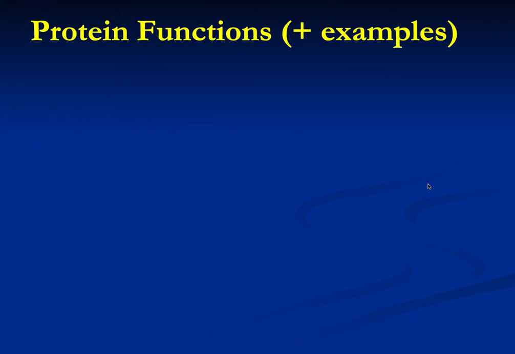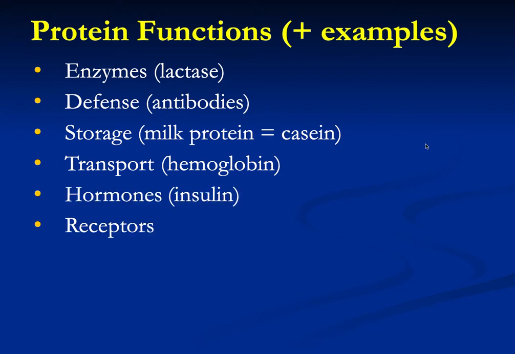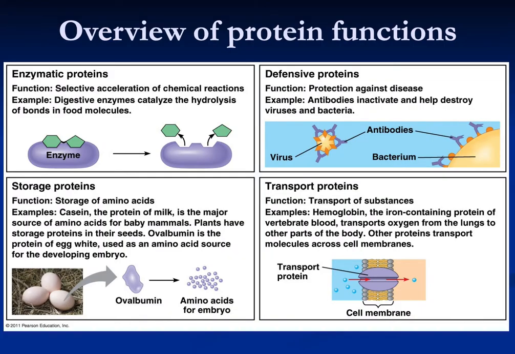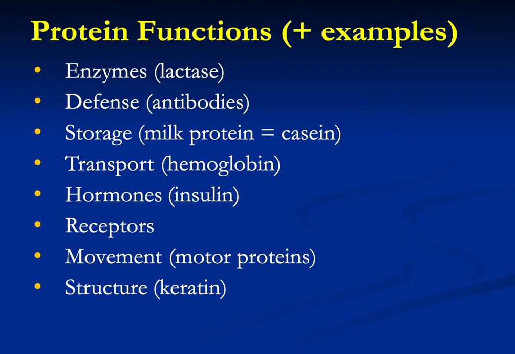Okay, some protein functions and examples. You have enzymes like lactase. Enzymes speed up chemical reactions, and lactase is a specific enzyme that breaks down the sugar lactose. You have defense proteins, storage proteins, transport proteins, proteins that act as hormones, receptor proteins, and proteins that are involved in structure.